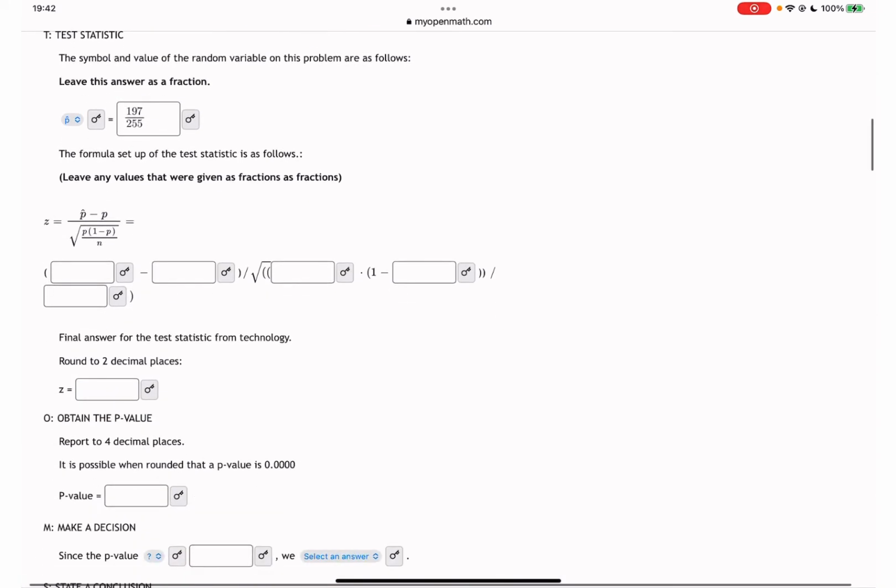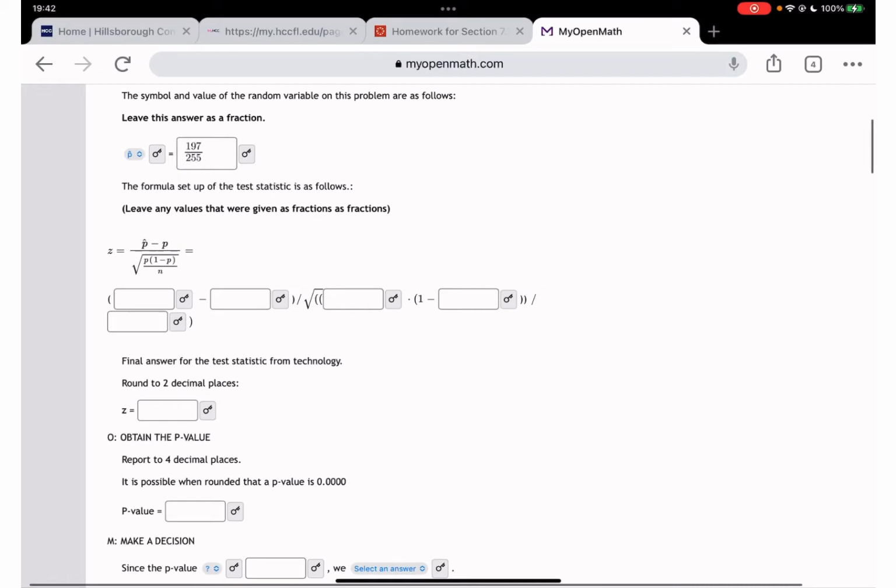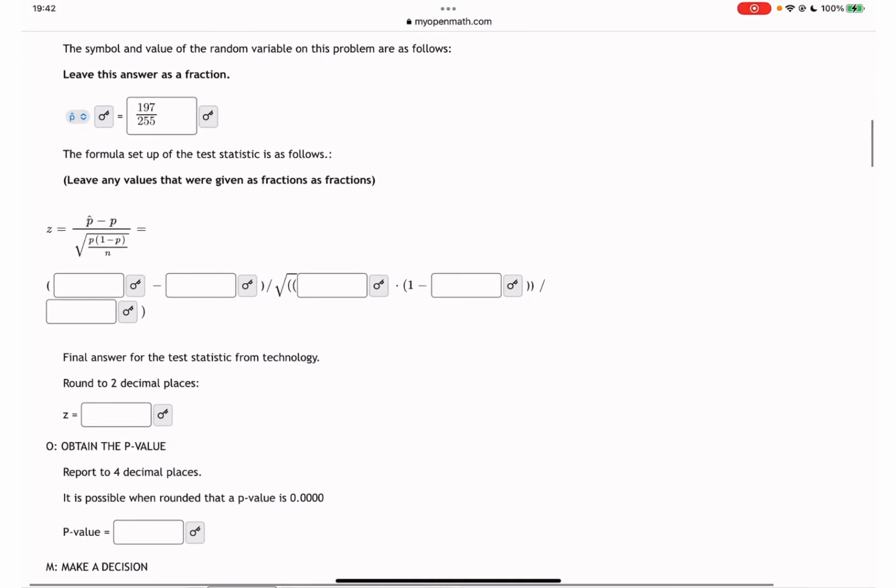Okay. Next, we are going to find the z-score. We need to find the z-test. So what is our formula? We're going to apply the formula: p hat minus p.